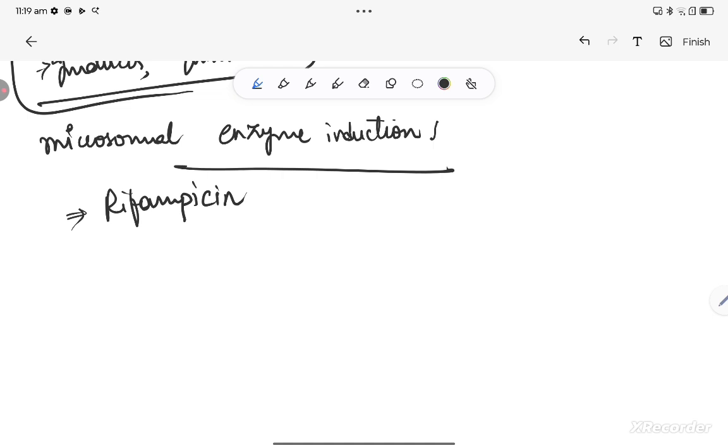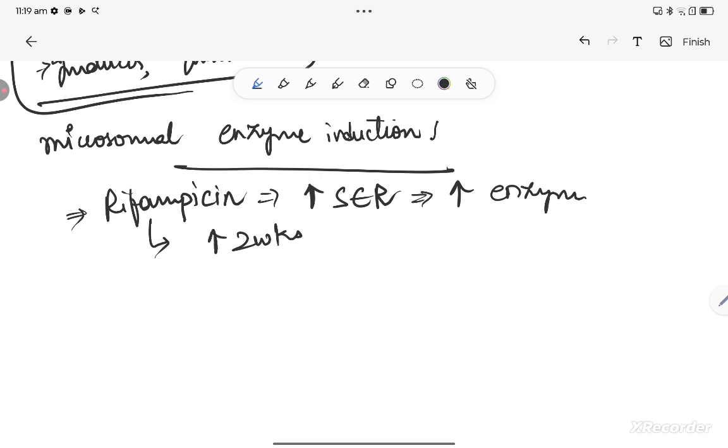be increased microsomal enzymes. For this to happen, the drug should be taken for at least more than 2 weeks. And why is this clinically relevant? Why are we reading it? The most important thing, first thing, is rifampicin plus oral contraceptive pills.